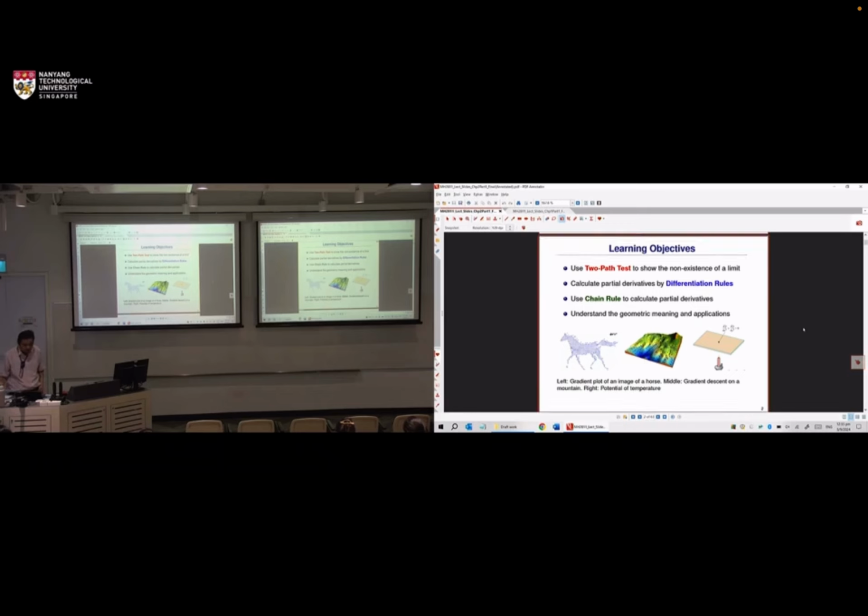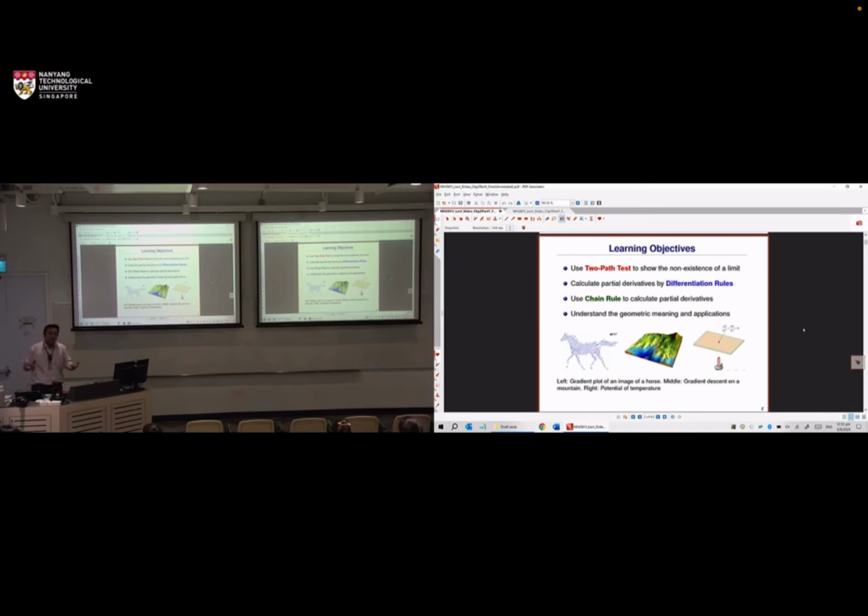Okay, so today this is the learning objective. 2-path test. Very important. I always set it in exam. Calculate partial derivative, also very important, not just for this module, for many other modules later on, because in the real world and in a lot of projects that you are working on, it's always multi-variable. It's seldom single variable. Single variable means one dimension, cannot be one.